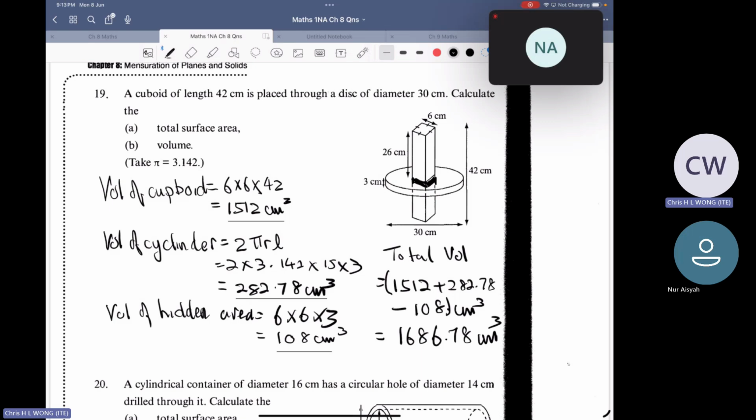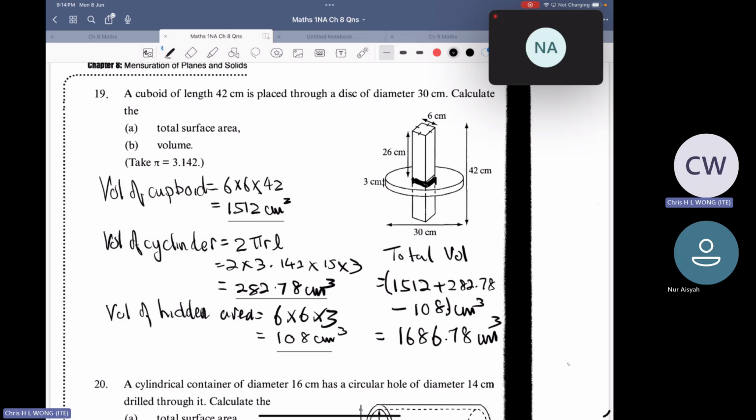Let me check before I clear your doubts. Wait, wrong. Did I count wrong? The cylinder formula should be pi r squared h.